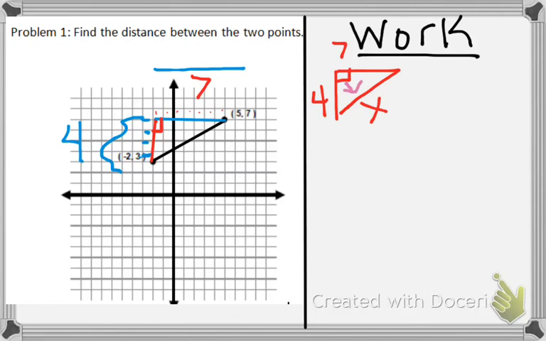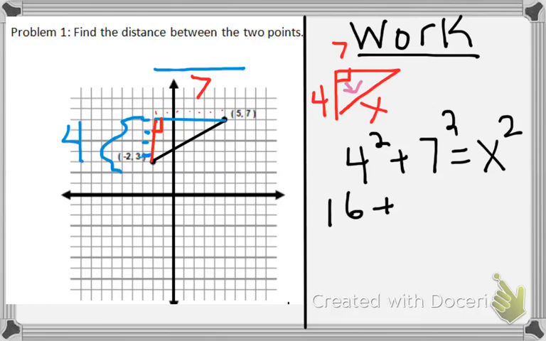So we're going to use the general formula, and we're just going to add. We're going to do 4 squared plus 7 squared equals x squared. 4 times 4 is 16. 7 times 7 is 49. We're going to add these numbers. 16 plus 49 is what?